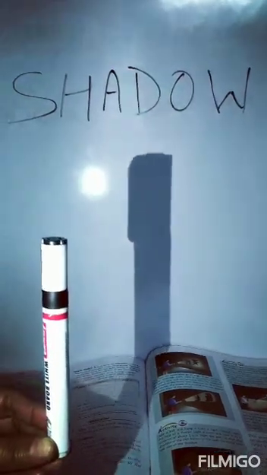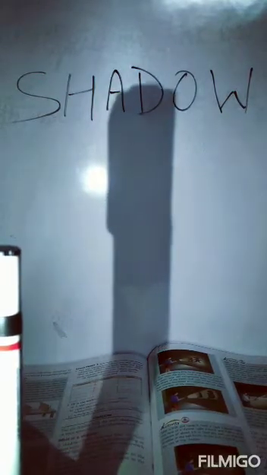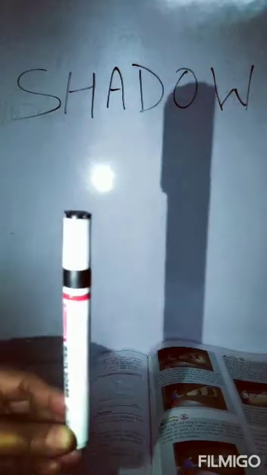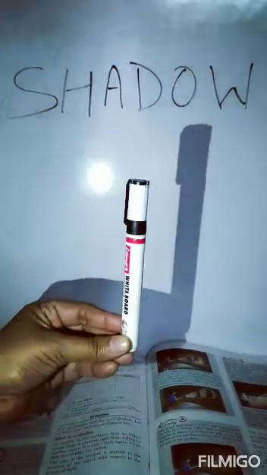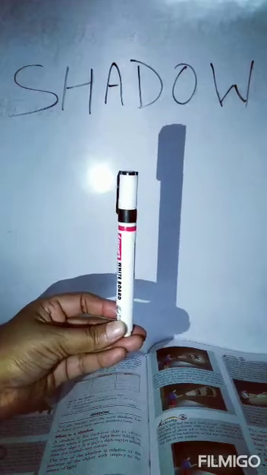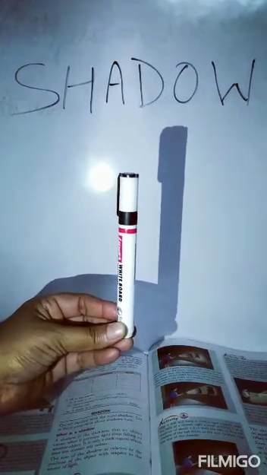As we take our object closer to the source of light, the shadow is bigger in size. As the object moves away from the source of light, the shadow will be smaller in size.